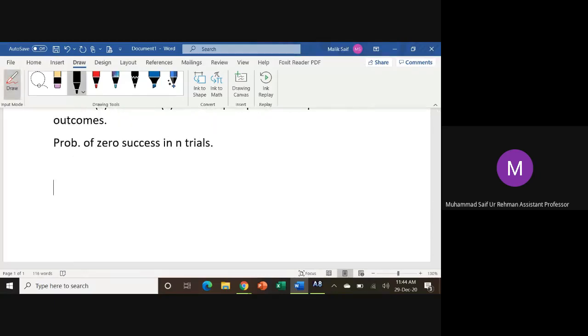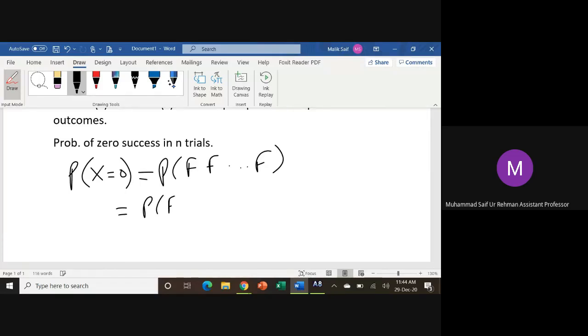Probability of X equal to 0. What does this mean? No success, zero success. This is equal to the probability of F, F, and so on up to F. Or otherwise, you can write it as the probability of failure multiplied by the probability of failure, and so on up to the probability of failure.